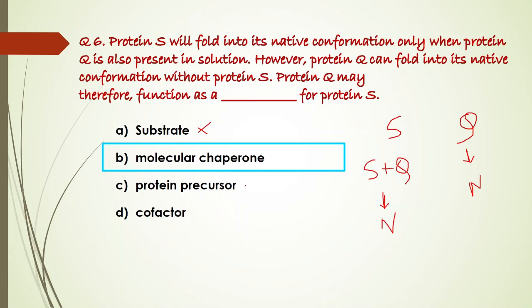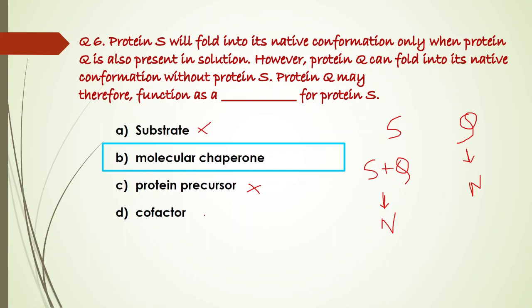They are themselves inactive, and you have to do some modification on them, post translational modification, to make them active. This type of thing is not mentioned in the question. No modification of Q or anything is stated. So again, this option is out. Q is not a protein precursor.